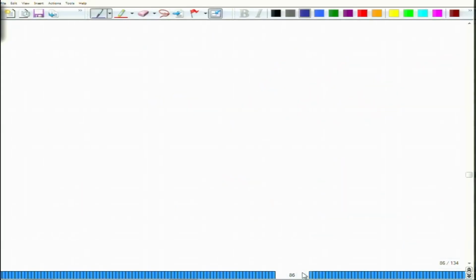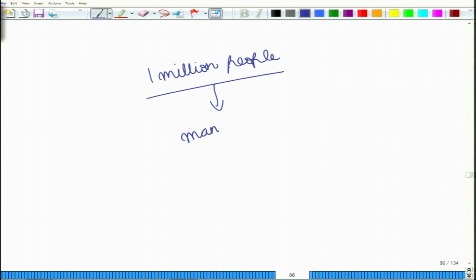So, essentially if you have a situation in which you have 1 million people, in that case you will have many more births as compared to a situation in which you only have say 100,000 people.